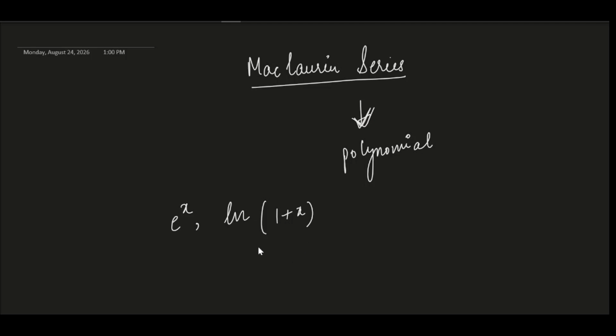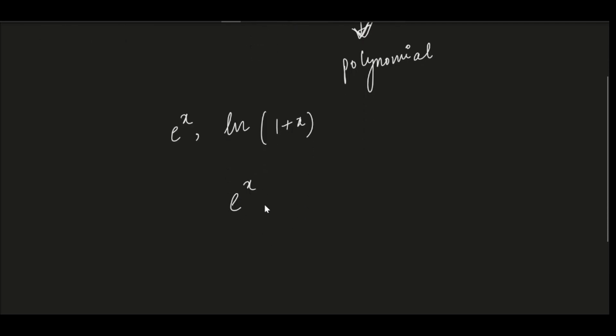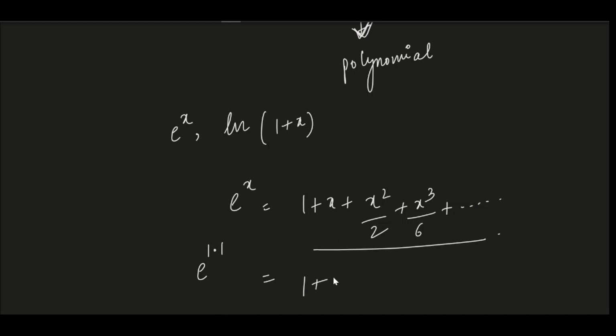For example, let's take the expansion of e raised to the power x. I can write e raised to the power x in a certain form, which is 1 plus x plus x square over 2 plus x cube over 6 and so on. Now, if someone asks me to find the value of e raised to the power 1.1, I can simply replace x with 1.1 in this expression and find the approximate value of e raised to the power 1.1.